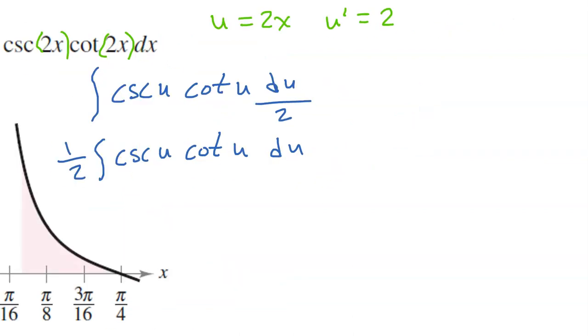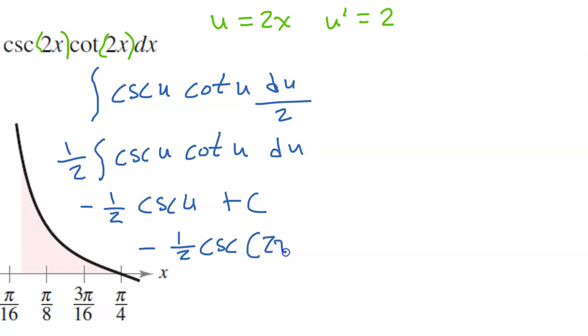As I reminded you a moment ago, the integral of cosecant cotangent is negative cosecant. So we will have negative 1/2 times cosecant u plus c. Let's get the x's back in here. So we have negative 1/2 cosecant of 2x plus c.